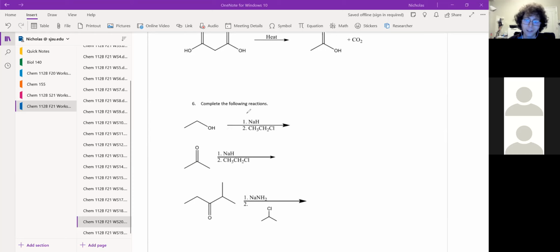And if you're not sure of that, what is sodium hydride? What should that behave as? A base. Yeah, because it's just H minus. That can be a nucleophile or a base. It's going to be a base here.